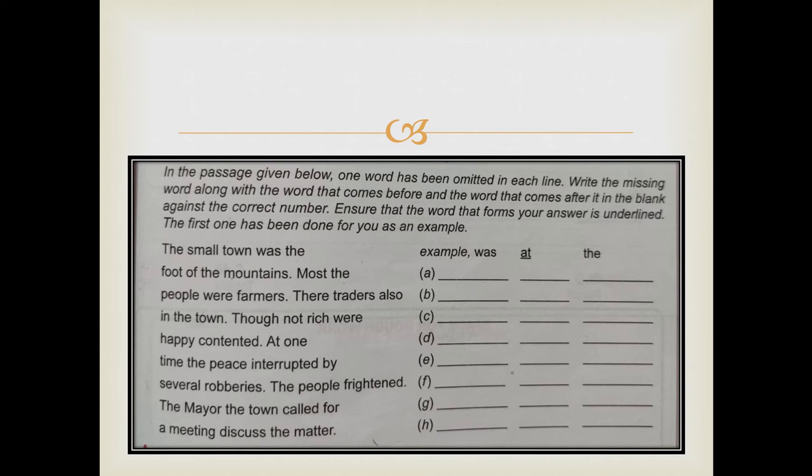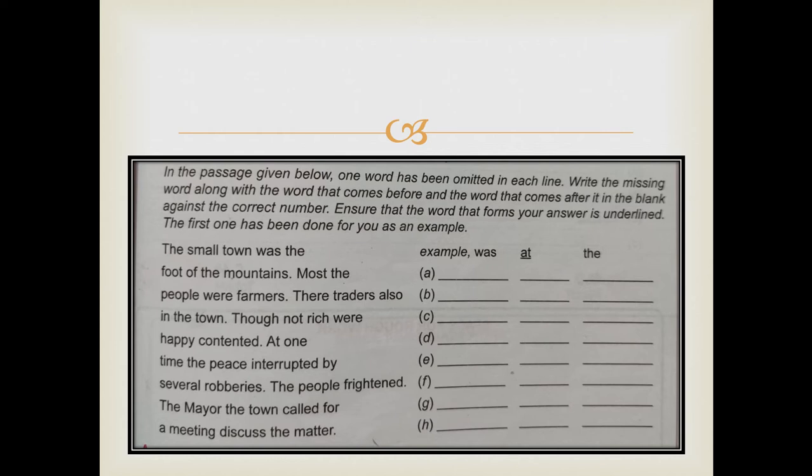There traders also in the town. Now there were traders also in the town. So what will come in the first blank? There. Second blank, were, because that is the word which we have supplied. And third blank, traders.